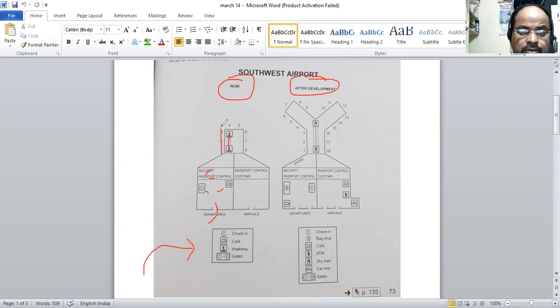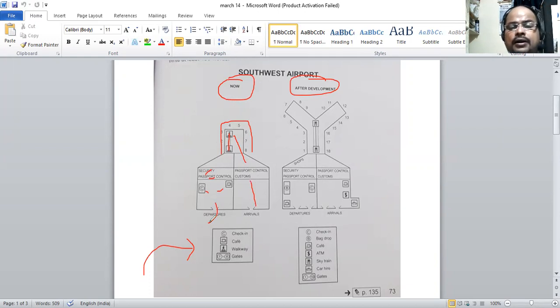Then we have the gates from 1 to 8. So this is the picture here, and these are the entry and exit gates. And when you are coming out of the plane, you cross the passport control and customs, and then you just come out of the arrival. So this is what we have at present.